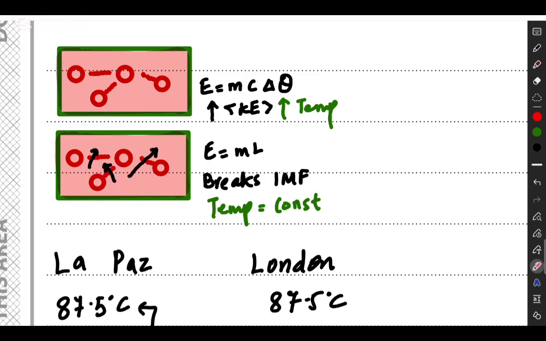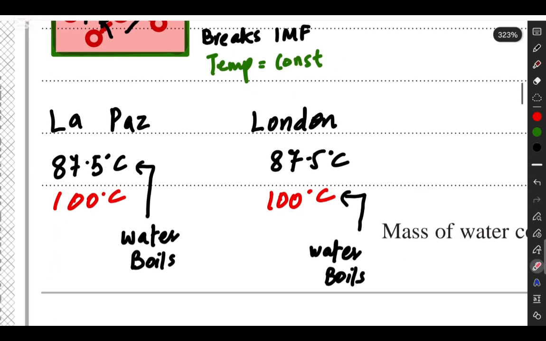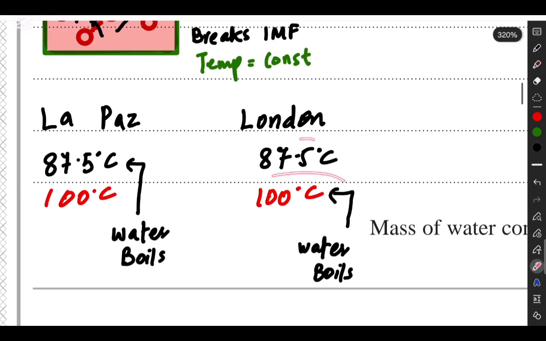So our average kinetic energy will not increase, so the temperature will be constant throughout this period. Now in La Paz, the water will boil at 87.7 degrees Celsius, and in London it will boil at 100 degrees Celsius.